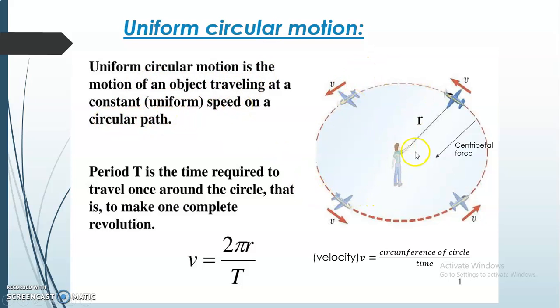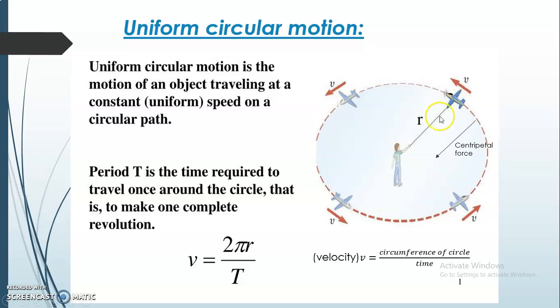For example, when we hold a thread and a plane is tied to one end of the thread, and on the other end we are holding the thread such that this becomes the radius of this circular path, and we revolve this plane in a circular motion. This kind of motion is a circular motion.